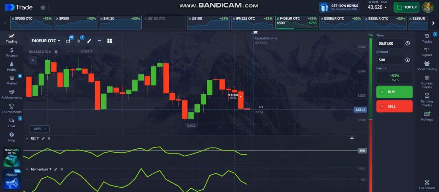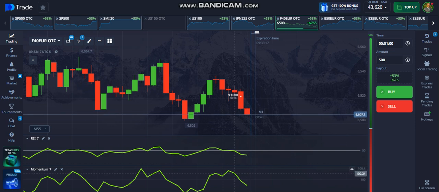So we need both conditions to be met in order to take the trade. We want the RSI line crossing below the 50 line, first of all, and then the momentum line going down in a negative sloping direction in the same direction as the RSI line. So this is why I took the trade.